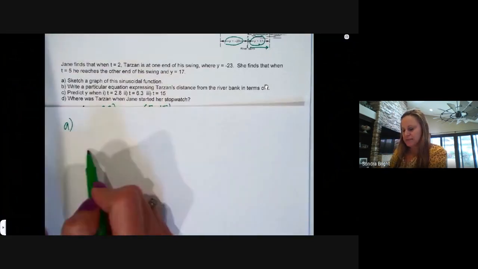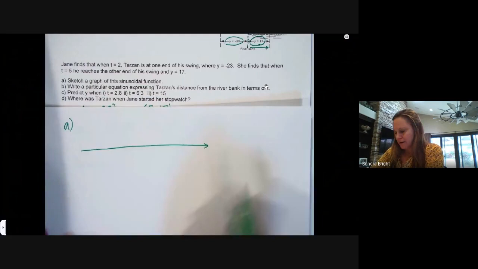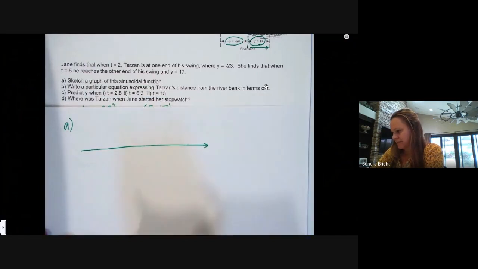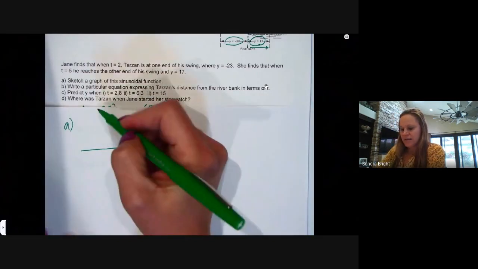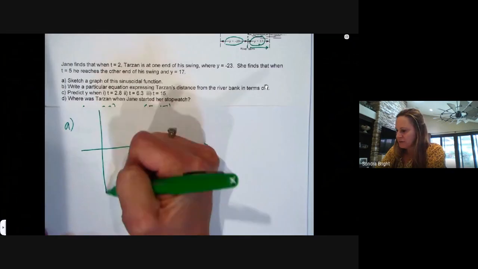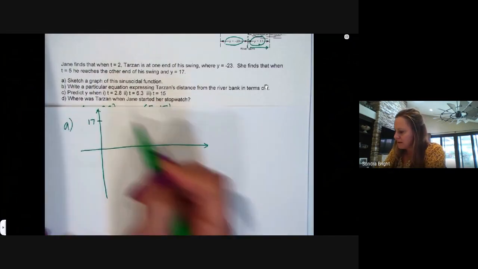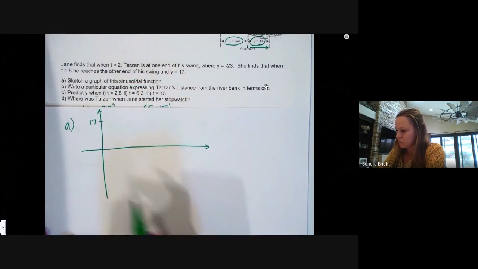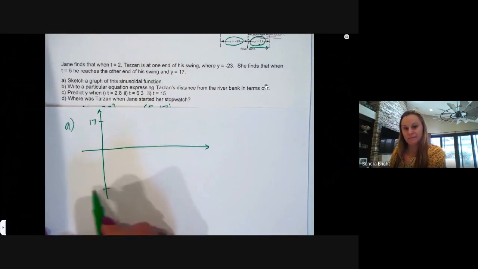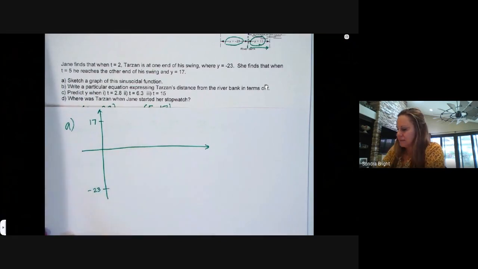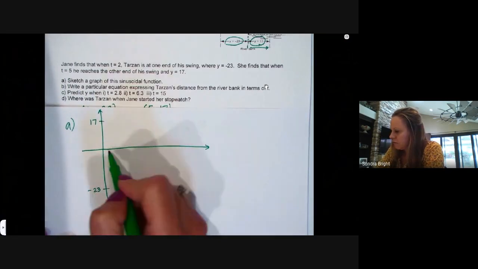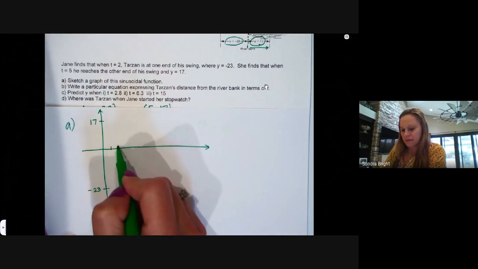All right. So draw my x-axis, draw my y-axis. What I know is the maximum value he goes is positive 17, and the minimum he goes is negative 23. And then I'll just do 1, 2, 3, 4, 5. That's what I know so far.